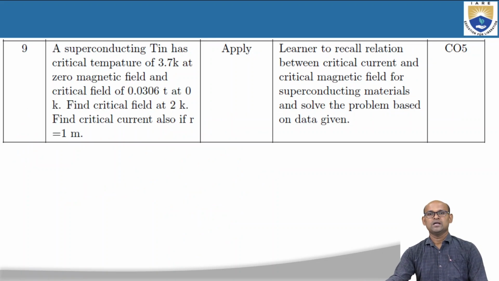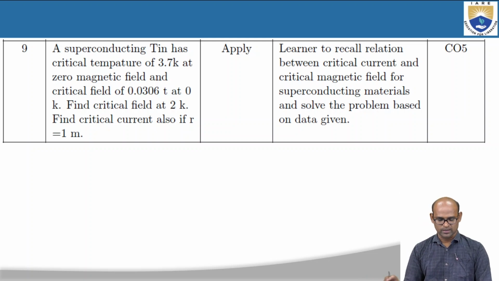The next problem is: a superconducting tin has a critical temperature of 3.7 Kelvin at 0 magnetic field and a critical field of 0.0306 Tesla at 0 Kelvin. Find the critical field at 2 K. Find the critical current also if the radius is 1 meter.